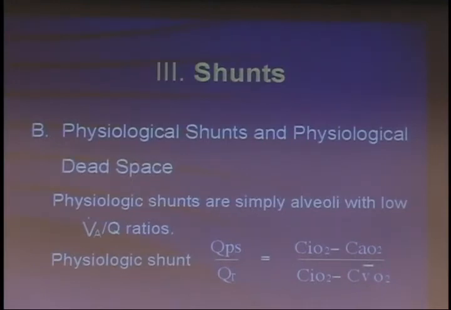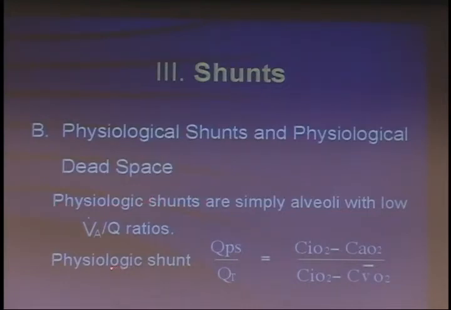So there's an anatomical dead space. But there's also a physiological dead space, and physiological dead space would just be those alveoli with low ventilation to perfusion ratios. So alveoli or lung units with low alveolar ventilation ratios would constitute what we call physiologic shunts.